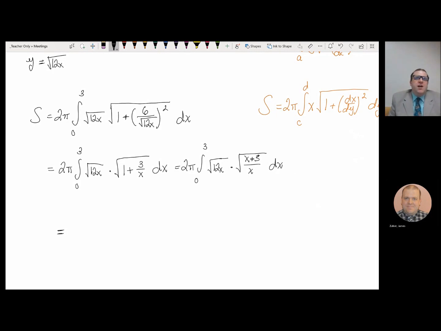That square root of 12 is a constant. So why not write square root of 12x as square root of 12 times square root of x, and then pull out the root 12. But by the way, root 12 can be simplified. It's 2 root 3.